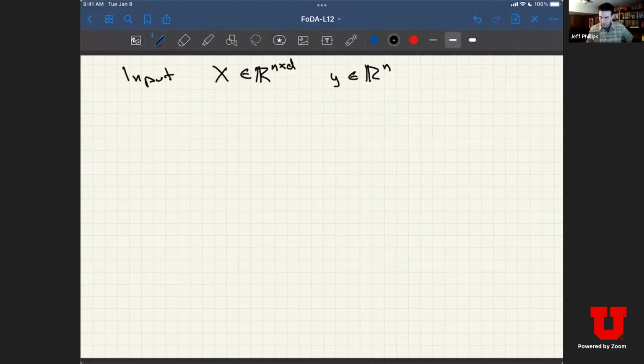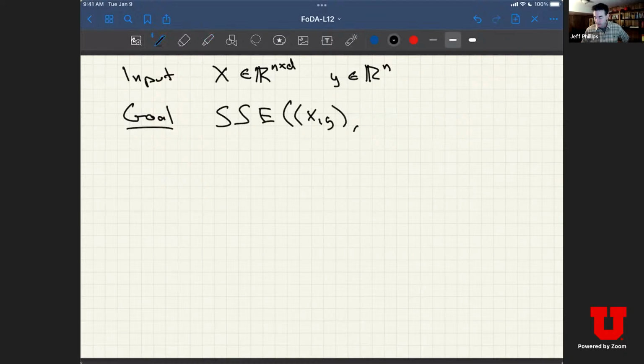And so, my goal now is going to be the sum of squared errors again, and as the input X, Y, and some model M alpha. Okay, and again, I'd like to choose the parameters alpha which are minimizing the sum of the squared errors here.